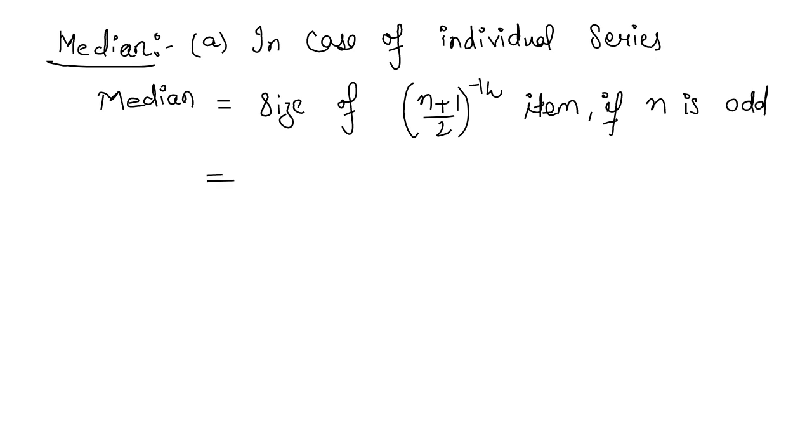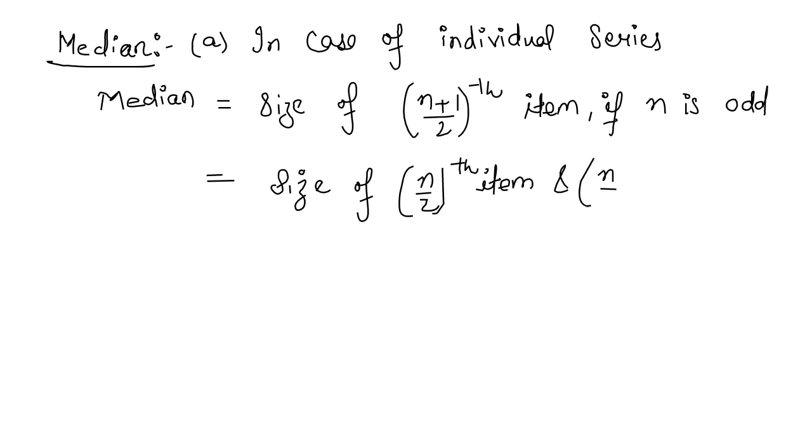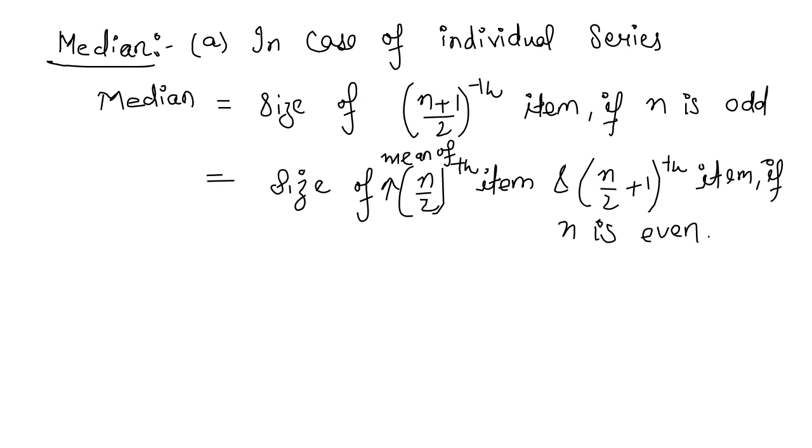And if n is even, median is the size of the mean of the n by 2th item and the n by 2 plus 1th item.